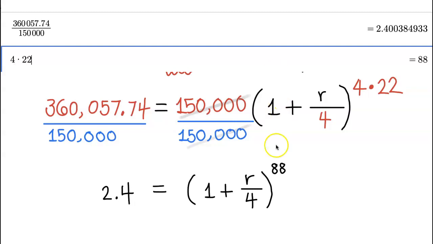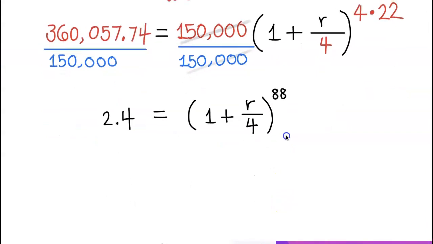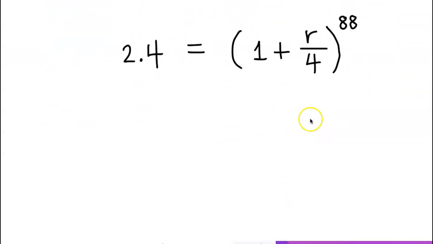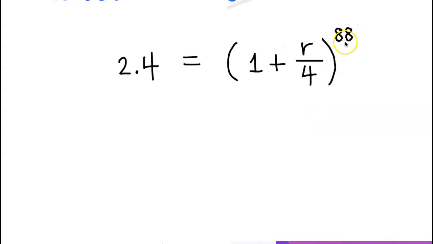The next step for us is to get rid of that exponent of 88. How do you get rid of this 88? That is a power. Well, we're going to take the 88th root of both sides. Or, if you can't find that button on your calculator, I think this will be better. Take a look.